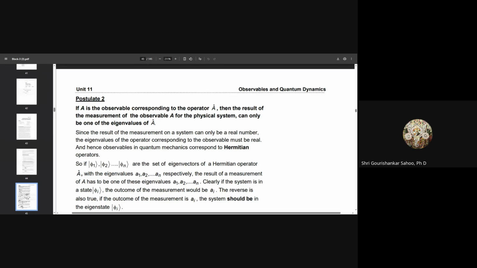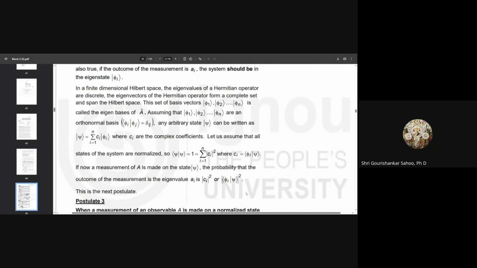If the outcome of the measurement is ai, the system should be in the eigenstate phi i. In a finite dimensional Hilbert space, the eigenvalues of a Hermitian operator are discrete, not continuous. The eigenvectors of the Hermitian operator form a complete set and span the Hilbert space. This set of basis vectors, phi 1, phi 2, up to phi n, is called the eigenbasis of A cap.